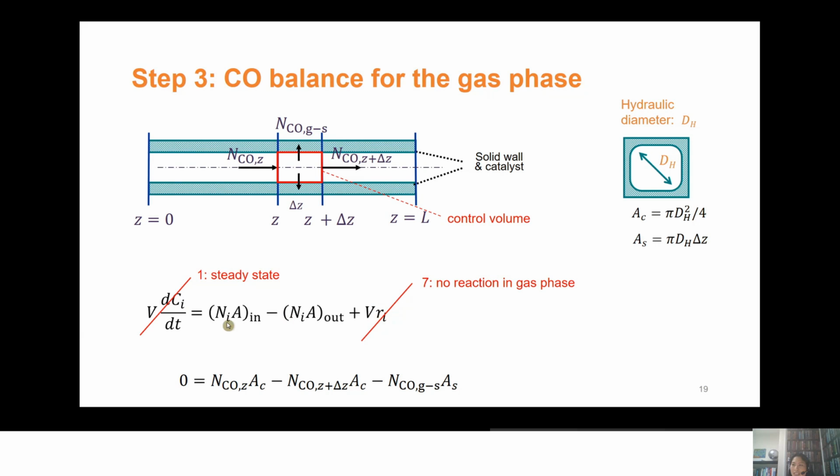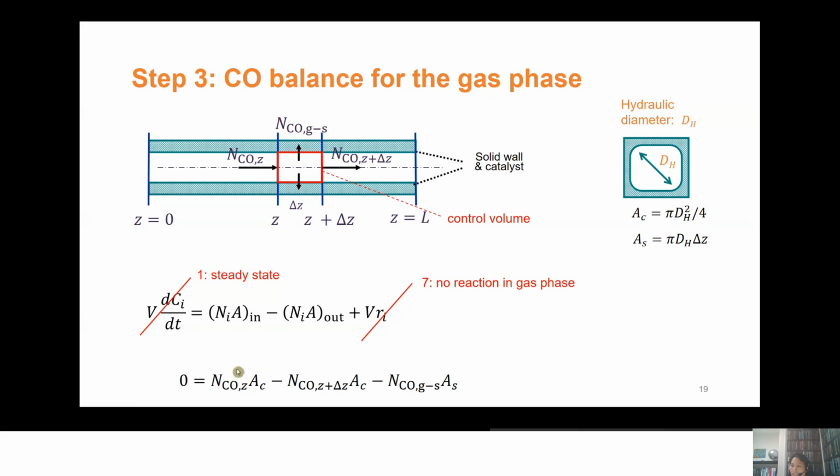So now we just have fluxes in and out of the control volume. We have here N_CO at Z, the flux going in, and then N_CO at Z plus delta Z, going out. These are in the axial direction, going in and out of the control volume.